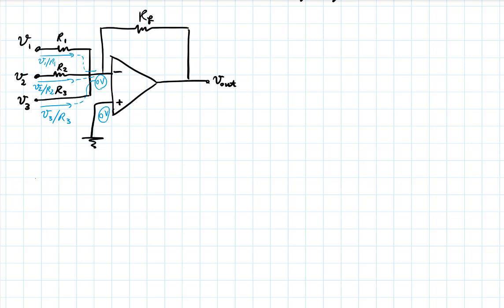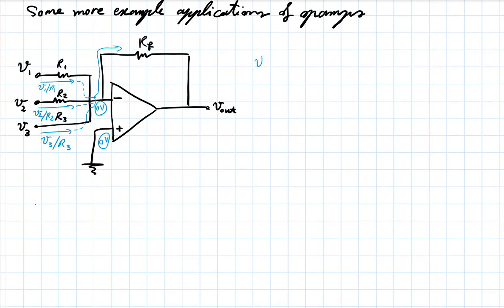They add up and continue going that way, because there is 0 amp going into the op-amp. So by KCL, they will just go there. And so the output voltage simply becomes this: 0 volt, which is this node here, minus RF times the sum of those 3 currents.